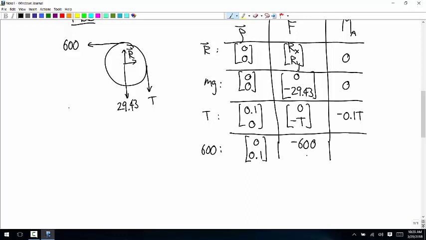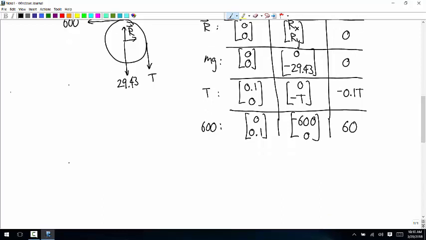Negative 600, 0 is the force. And the moment is 60. There's a fixed point here, so we're not using Newton's second law.